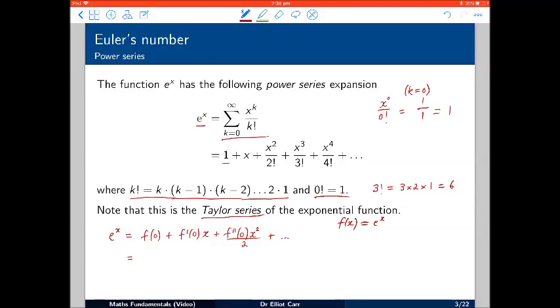Now, because the derivative of e to the x is itself, the second derivative, which is the derivative of e to the x again with respect to x, is itself. I evaluate each of these at x equals 0, as appears in my Taylor series, so all of these are going to be equal to 1.